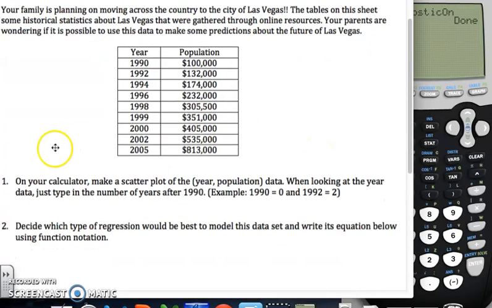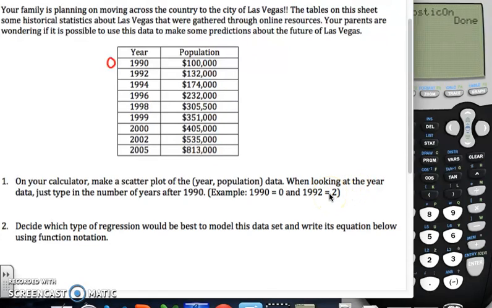So the first thing I need to do is on my calculator create a scatter plot with this year and population data. So when looking at the year, you do not type in 1990. So what you do is 1990 was your starting year. So that's going to be your year 0, okay? And then you count how many years happened after 1990.